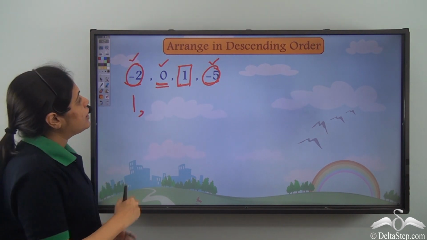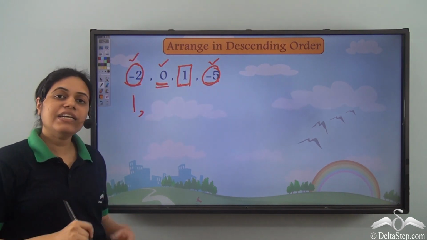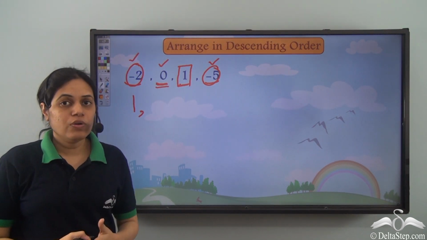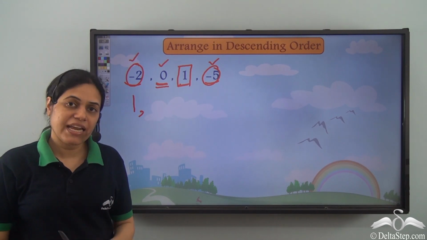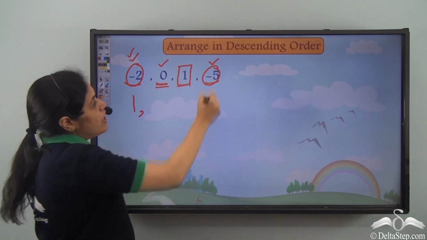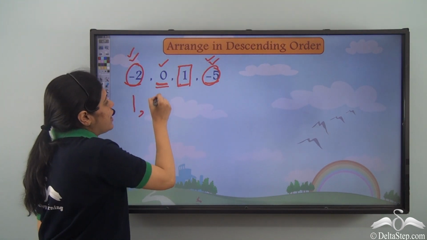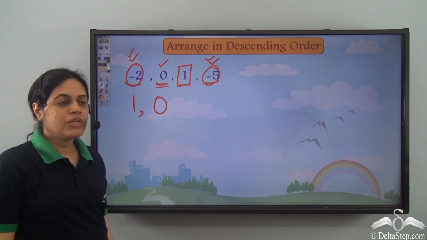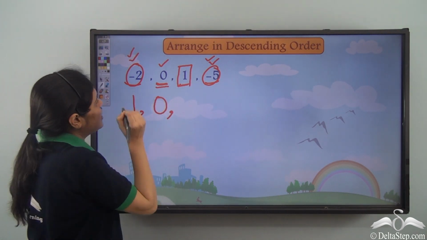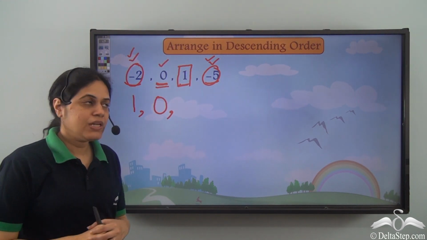Now I have two negative numbers and a 0. I know that 0 is greater than any negative number. So 0 is greater than -2 and 0 is greater than -5. So after 1, I have 0. Now what is left? I have -2 and -5 remaining.